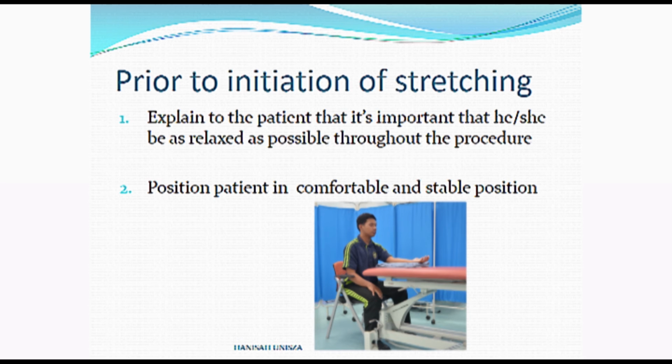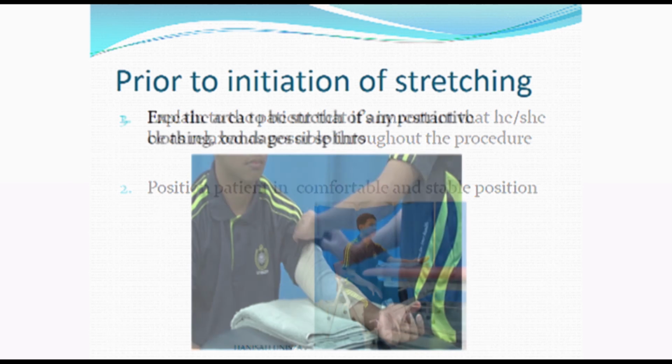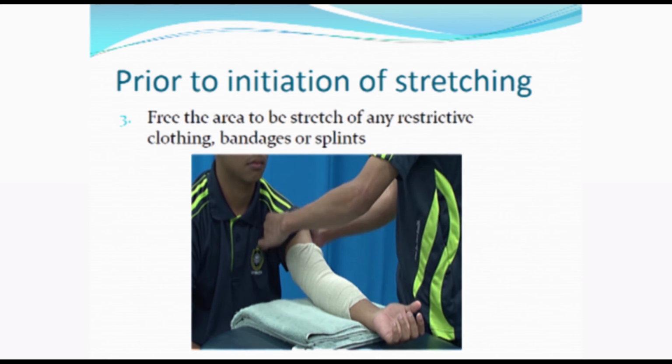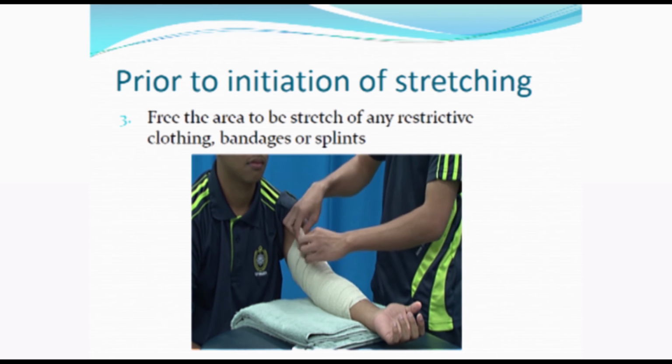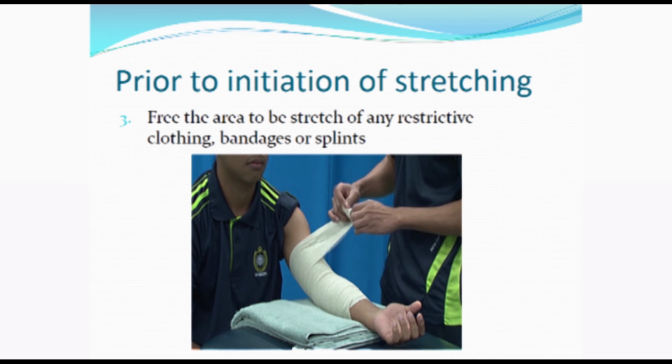For example, if we want to stretch the triceps muscle, the position is sitting on a chair with forearms supported on a table. Free the area to be stretched of any restrictive clothing, bandages or splints.